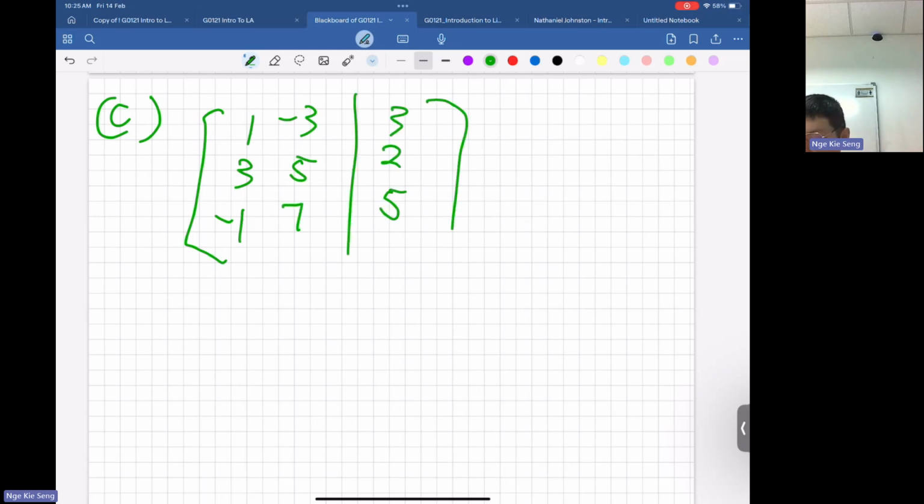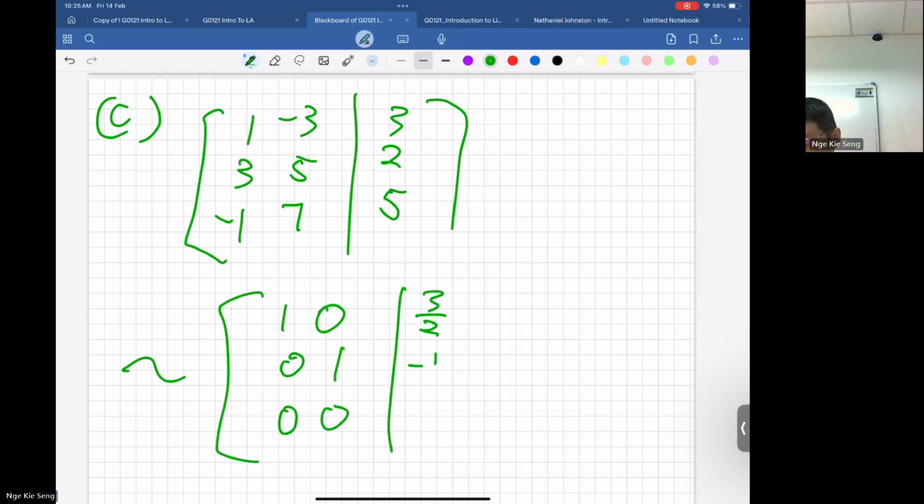If you quickly solve this, you will get this REF here. Okay, if you see this REF, what can you conclude? This linear system is inconsistent. Why? Because in the last line you have a contradiction: 0 equals 10.